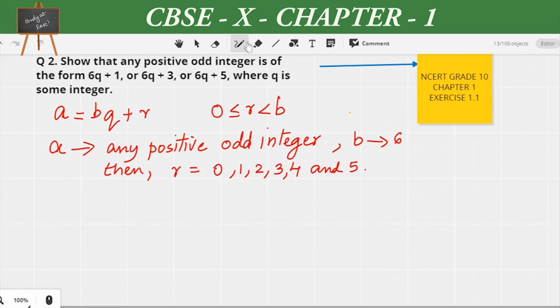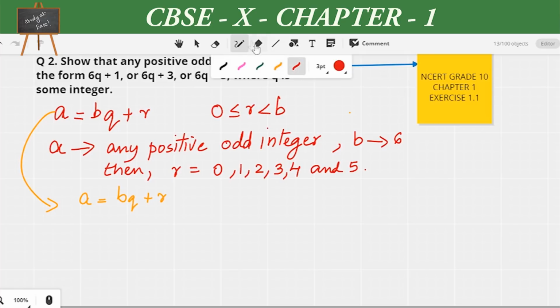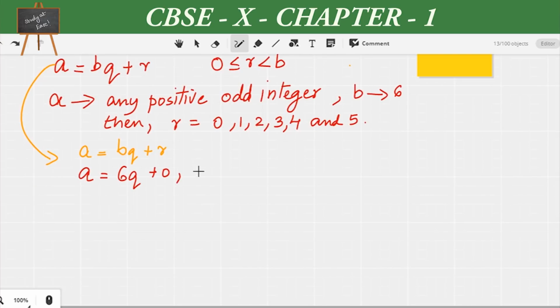Now let's move on to write the form, that is in the form a is equal to bq plus r. So a can be 6q plus 0. Then a is equal to 6q plus 1. a is equal to 6q plus 2.